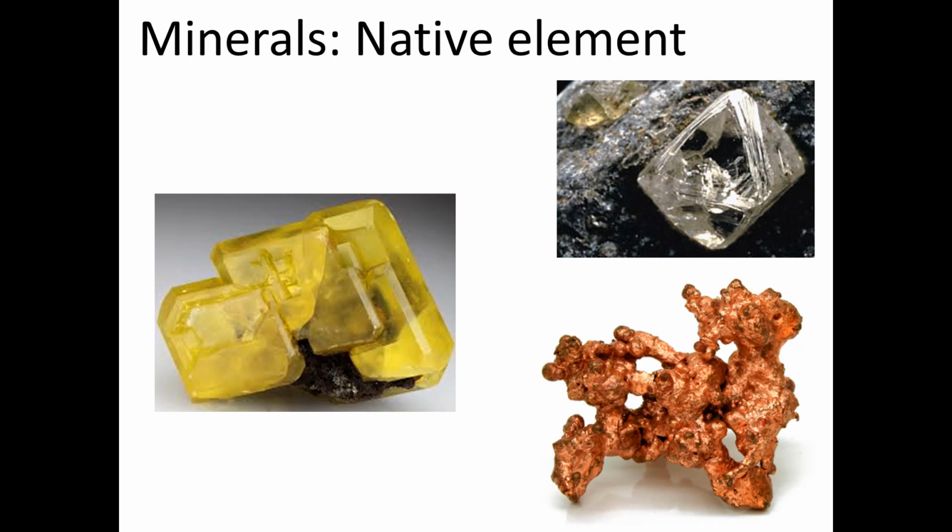Now, finally, we get to those elements that don't really combine very well with other elements or combine exceptionally well with themselves in the right conditions. A couple examples of these are sulfur, pictured at the left, elemental carbon, pictured by the raw diamond in the upper right, or copper.